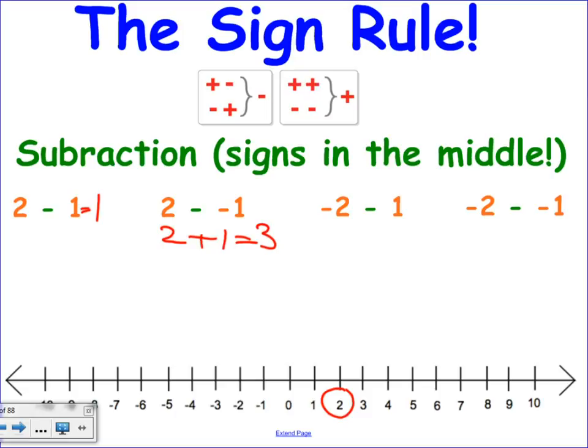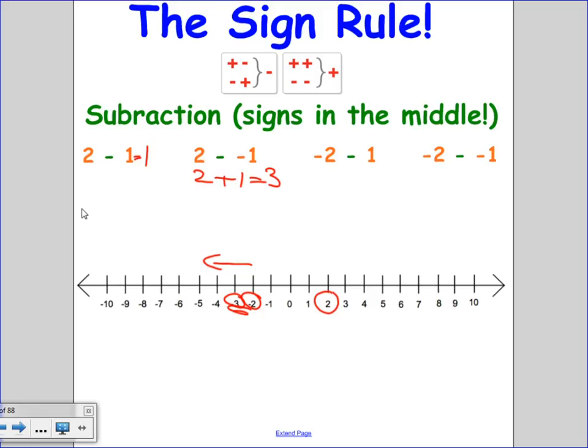Okay. Let's introduce some more negative numbers then. Where am I starting? I'm starting at -2. And which way am I going? Yeah, minus. There's no conflict. It's just telling me go 1 that way. So the answer is -3. Happy with that?